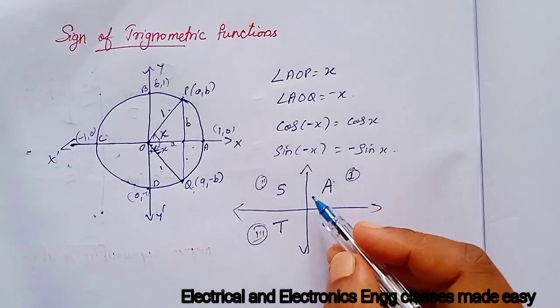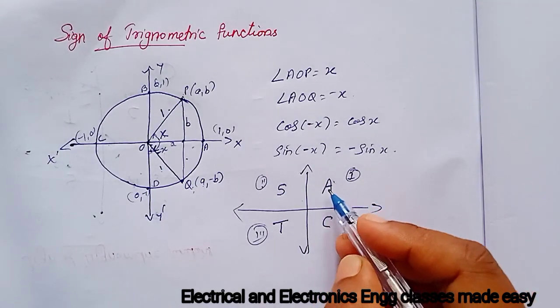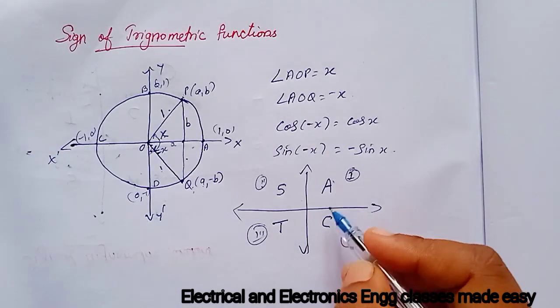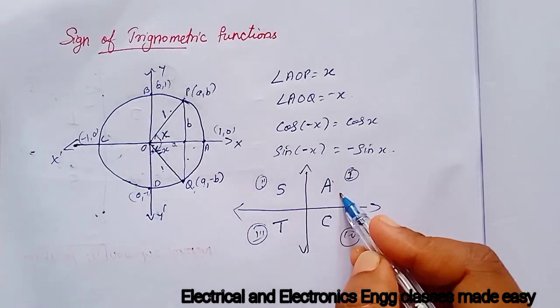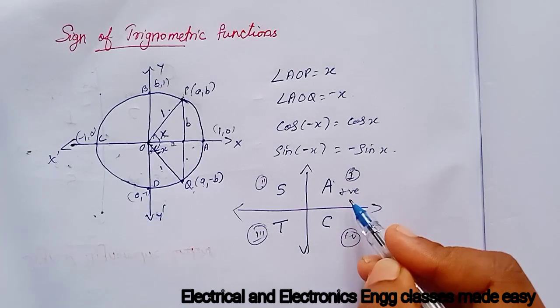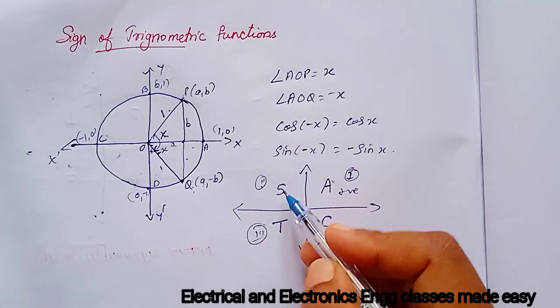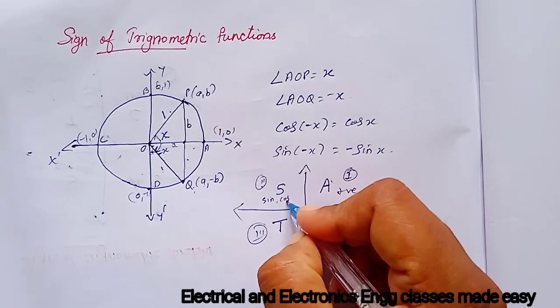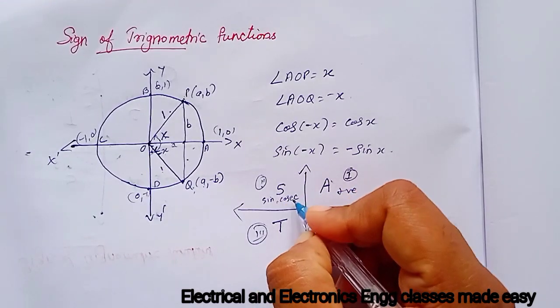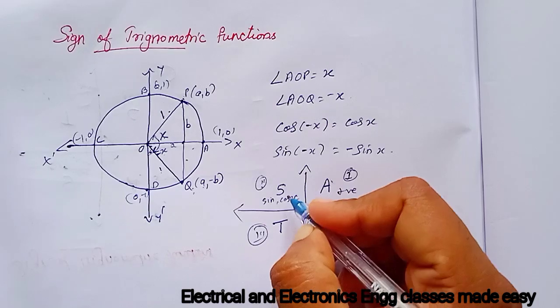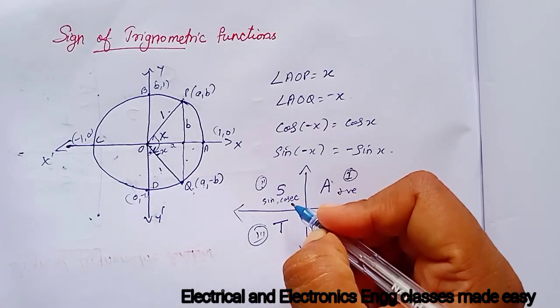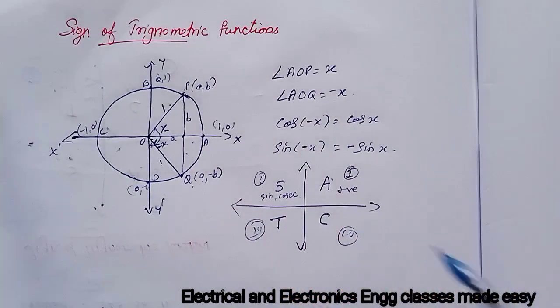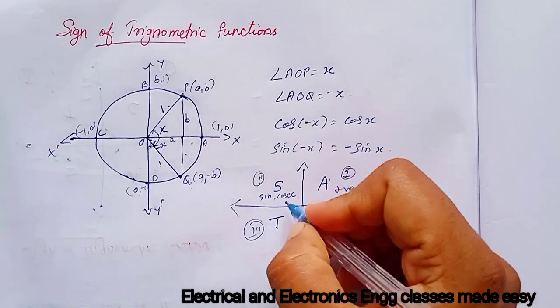All functions means sine, cos, cosec, sec, tan, cot, all are positive in the first quadrant. Then in the second quadrant sine and its reciprocal cosec are positive and all others are negative.